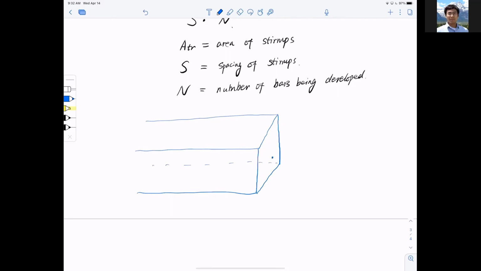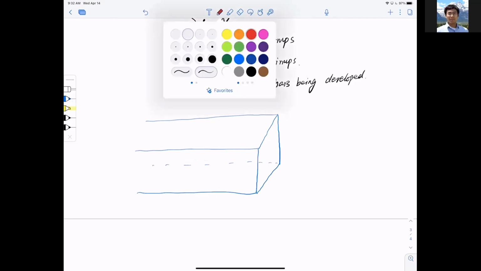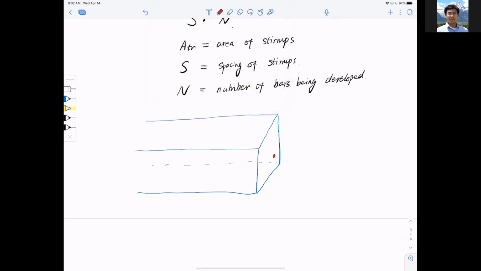Namely, number 1 bar sticking out like that. Let me use different colors so we see better, hopefully. Let me use red. So 1 bar in tension sticking like that, another one sticking like this. Let's say I have 4. Another one goes like this, and another one goes like that.